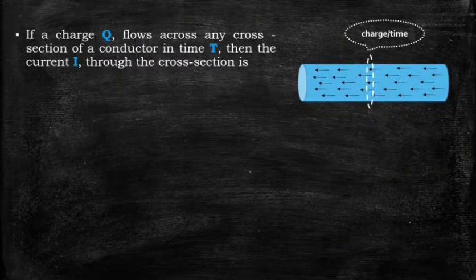I said the flow of electrons is the electric current. Just look at this diagram. It is a conductor. The blue area is the conductor: any metallic wire, copper, anything. If a charge Q flows across any cross section of a conductor in time t, then the current I through the cross section area. What does this mean?